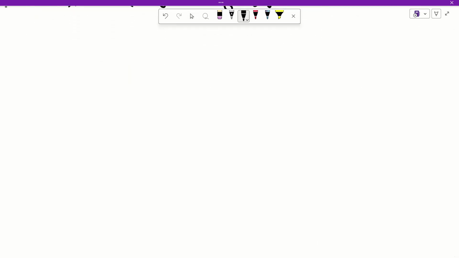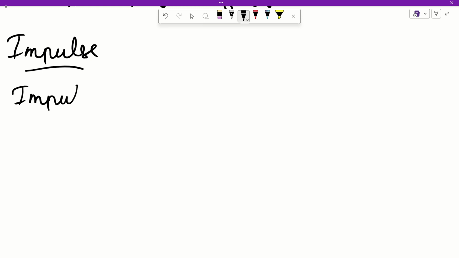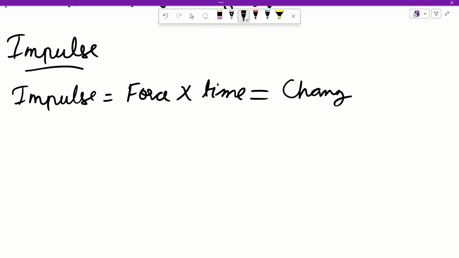Okay, the next topic is impulse. The product of impulsive force and the time for which it acts is called impulse. That is, impulse is equal to force into time, which is defined as change in momentum.